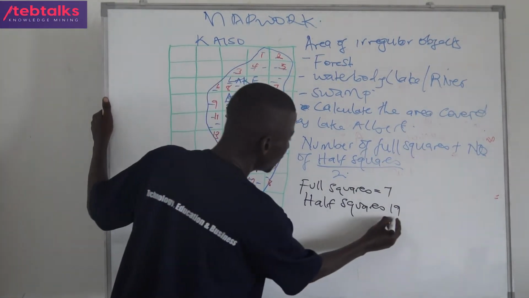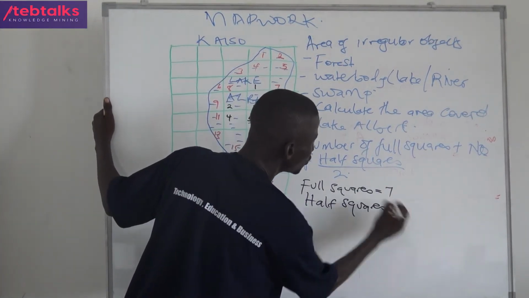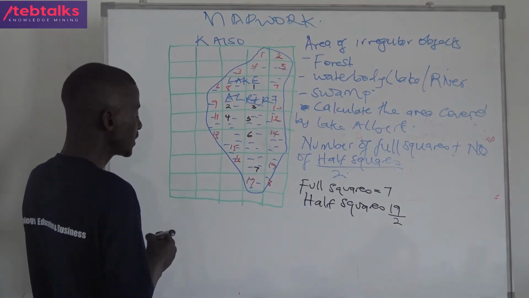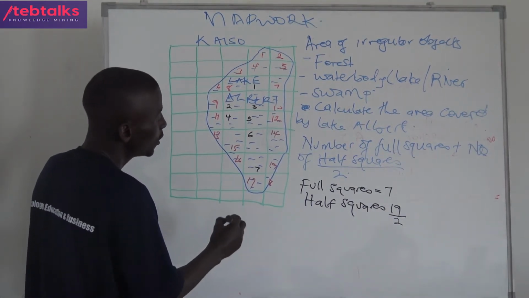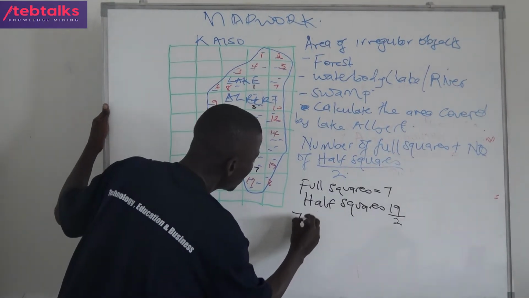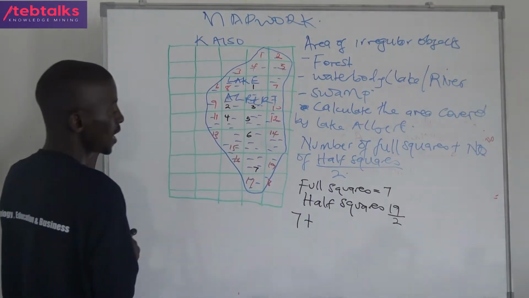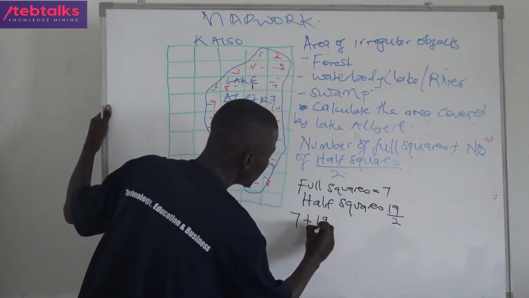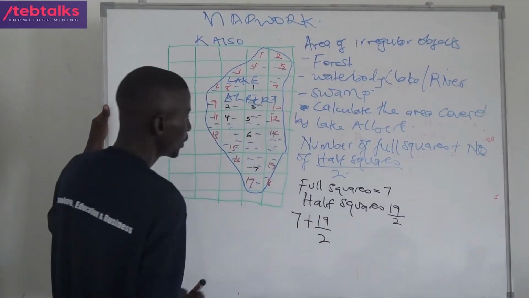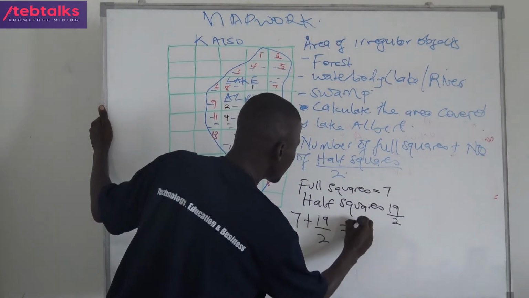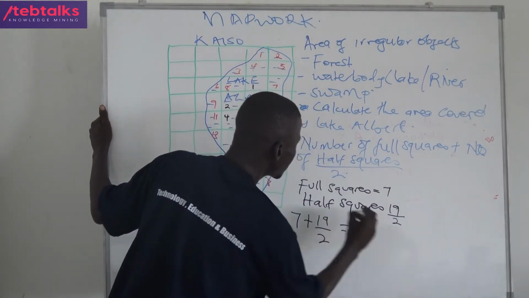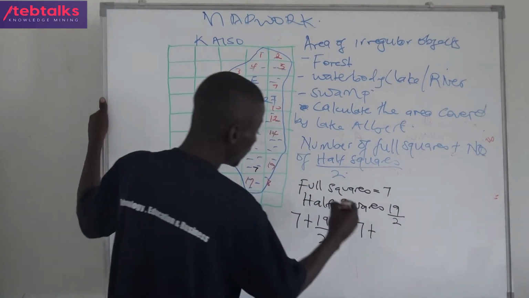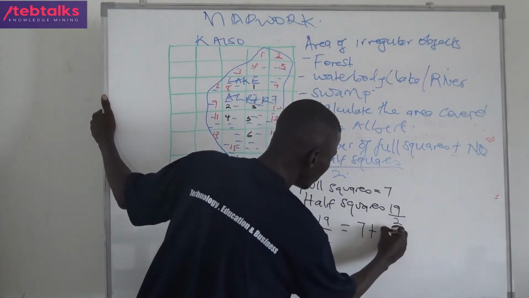But we say the half squares should be divided by 2. So it means our answer is going to be full squares, which are 7, plus half squares, which are 19 divided by 2. So this will equal 7 plus 19 divided by 2, which is 9.5.